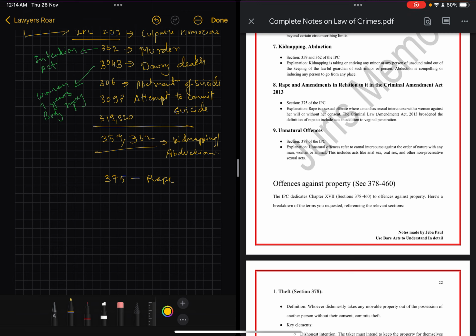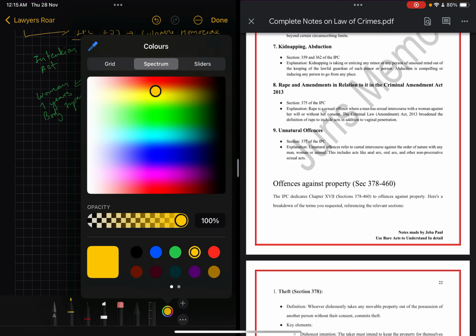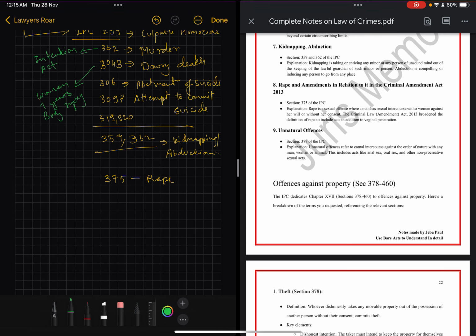The Criminal Law Amendment Act 2013 broadened the definition of rape to include acts in addition to vaginal penetration. So after 2013, an even more broadened description is given in 375. If any question comes on this bodily offense, you can describe 375.